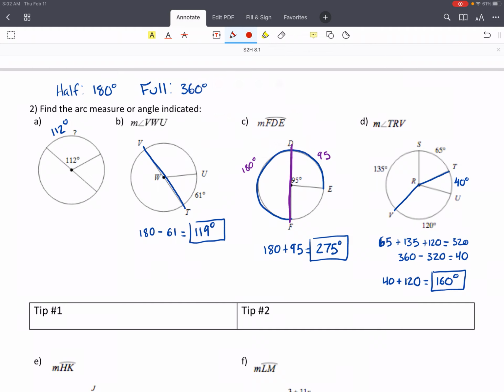My helpful tips for you. We highlight the diameters like we did in examples B and C. And then also remember, if you have two diameters, those create vertical angles.